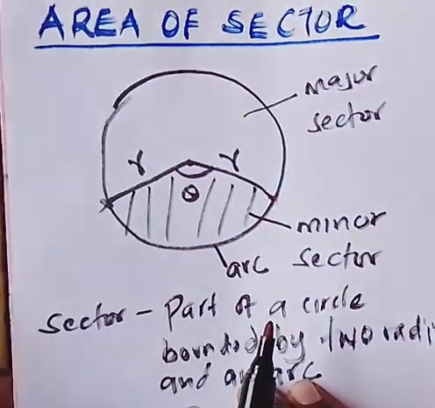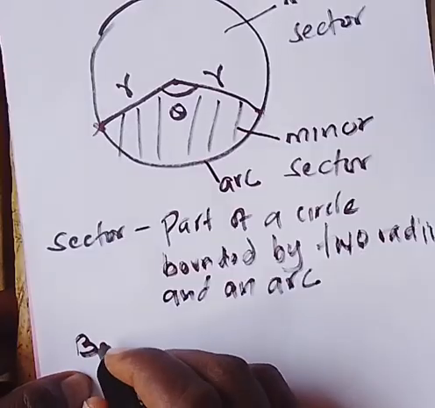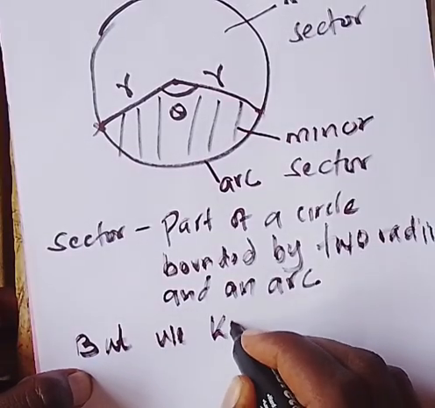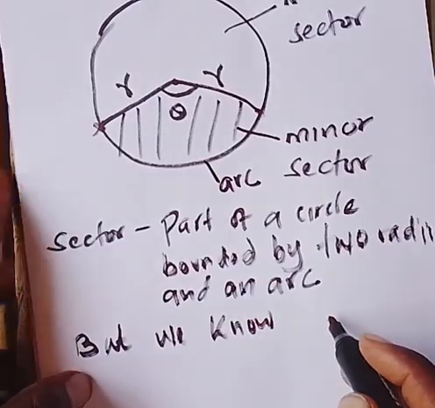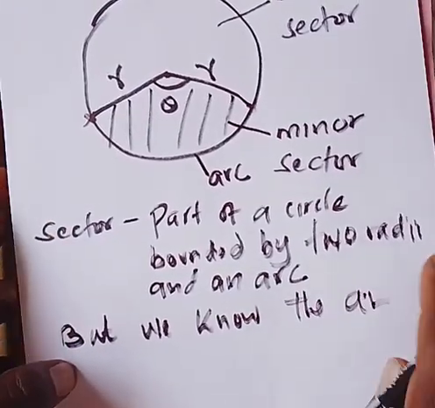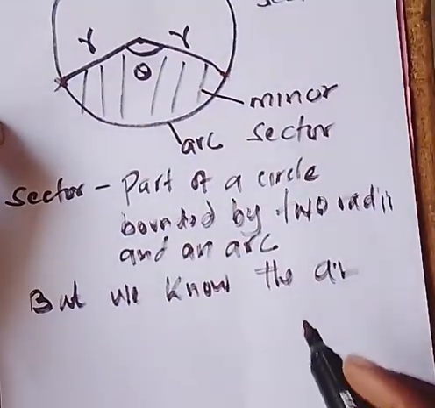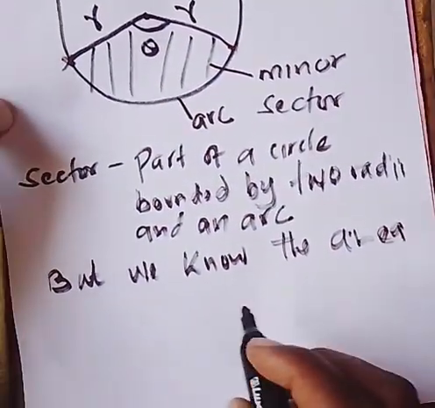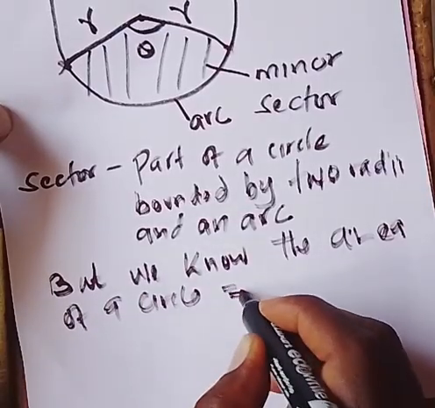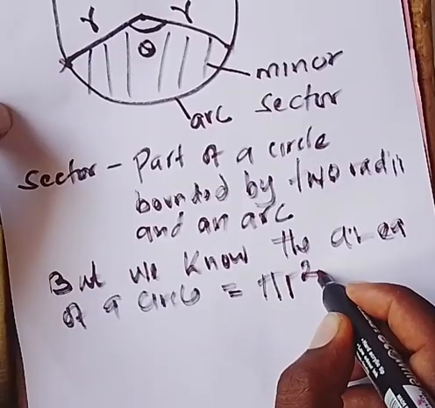But we know that the area of a circle is given by pi r squared.